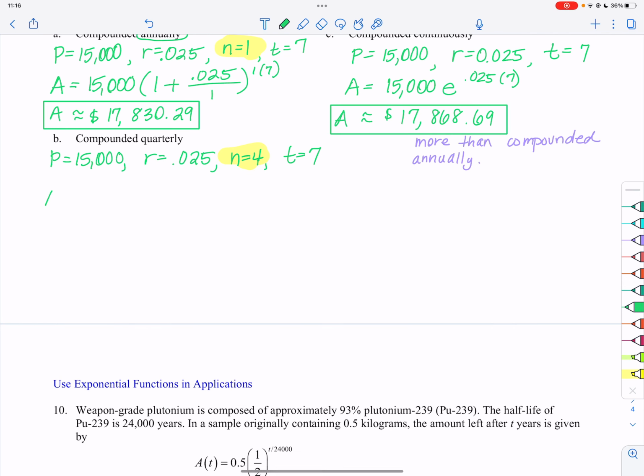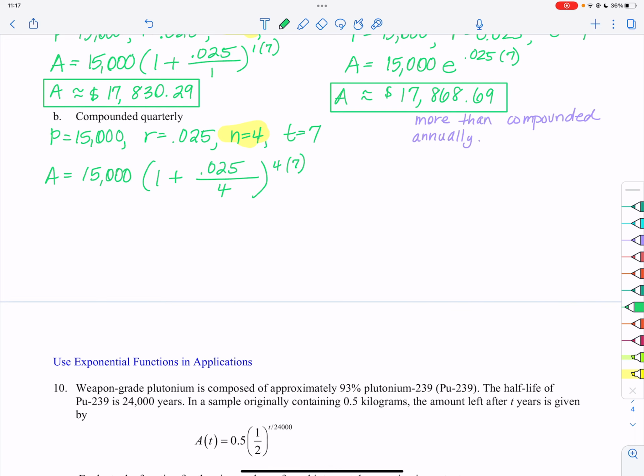So now the amount is 15,000 times 1 plus 0.025 divided by 4, raised to the 4 times 7 power, which is 28. So here A is approximately $17,858.96.